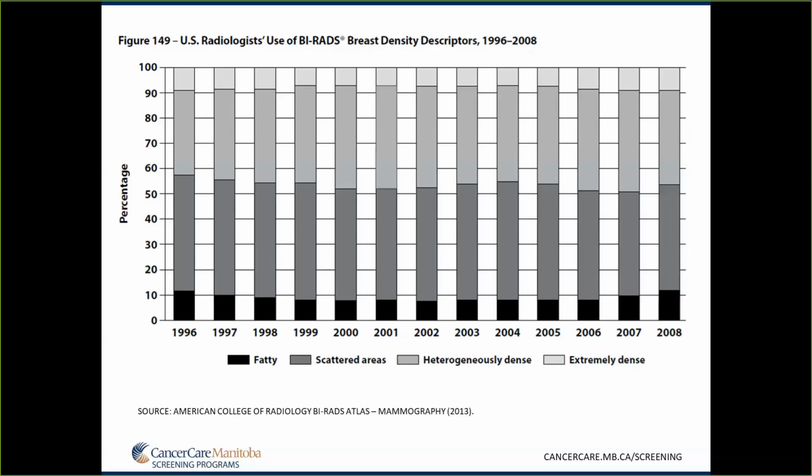The next darker gray category is category B, and this would be represented by approximately 35 to 40%. Category C are the heterogeneously dense, slightly less at 30 to 35%, and the very dense or extremely dense category Ds are represented by approximately 10% of the population.